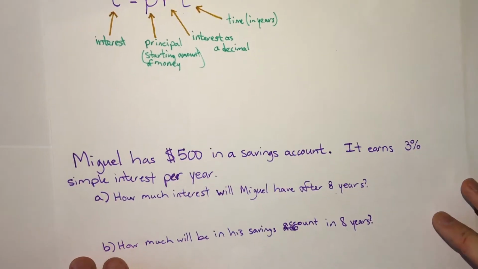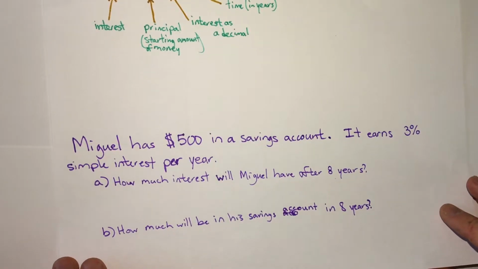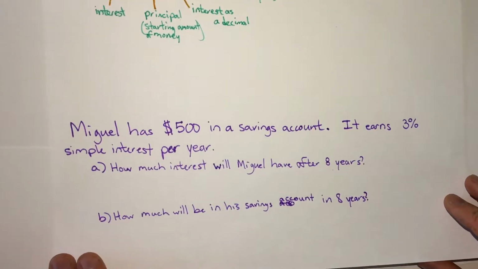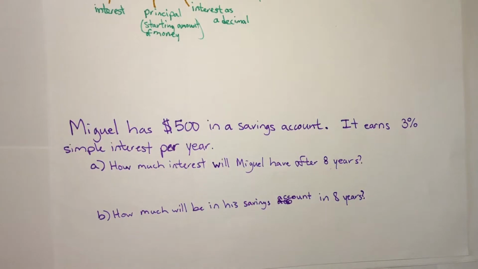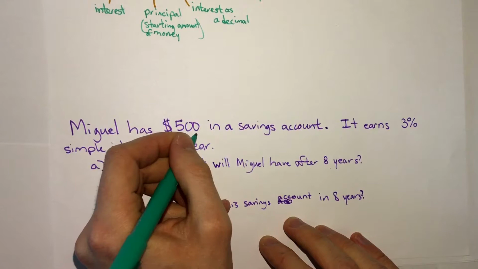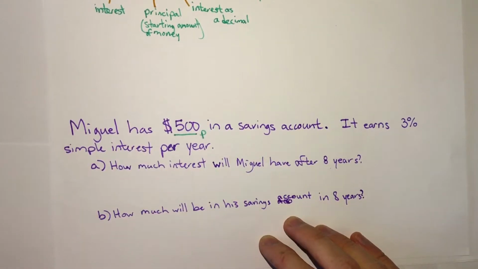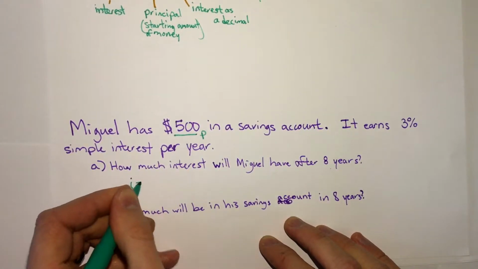So looking at the example down here, Miguel has $500 in a savings account and it earns 3% simple interest per year. The first question asks, how much interest will Miguel have after 8 years? Well, our starting value, P, is 500.